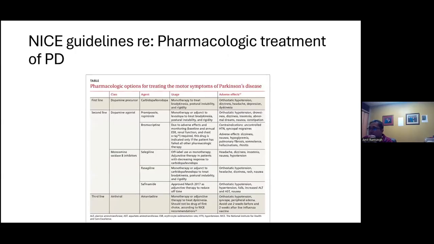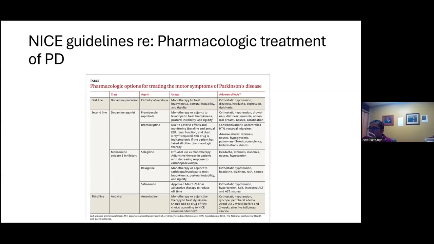This is just a summary of the guidelines with respect to the pharmacological treatment, which is a bit out of the scope of this presentation. But basically, within the latest NICE guidelines, we have the dopamine precursor medications such as carbidopa combined with levodopa.